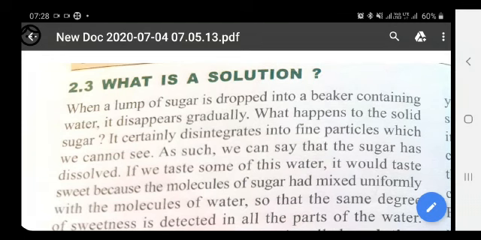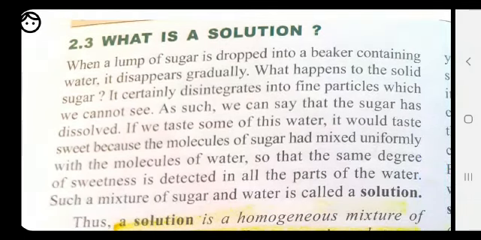So a solution is a combination of two or more substances, but here the substance which we add is called the solute, and the substance in which it is added is called the solvent.